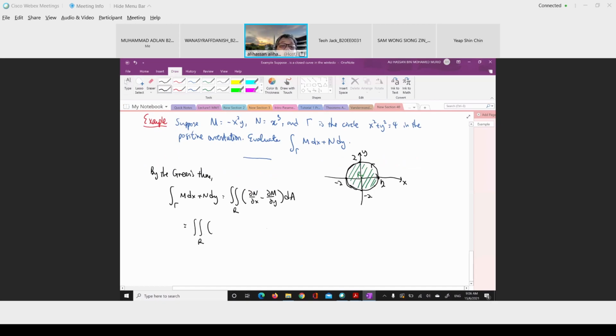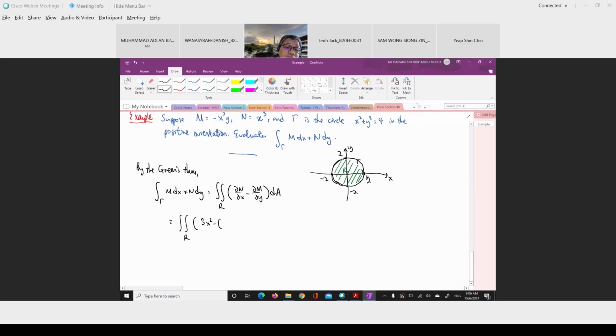And N partial x is 3x squared. M partial y is minus x squared. Minus minus x squared, so that is 4x squared. Let's pull out the constant 4. Then we have x squared dA.